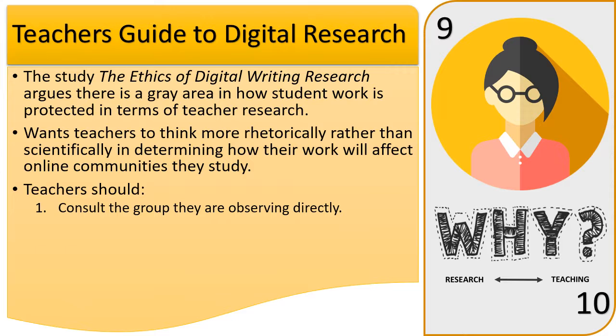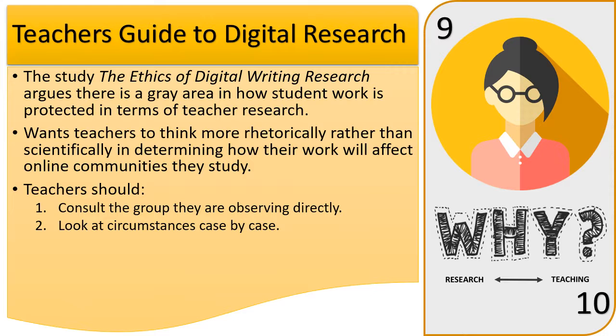First, if they're working with a large group online, they should consult the group directly, and specifically those whom they are observing. They need to inform them what kind of studies they're doing so they can have some sort of agency in what gets reproduced. The second thing they have to look at is each study on a case-by-case basis.